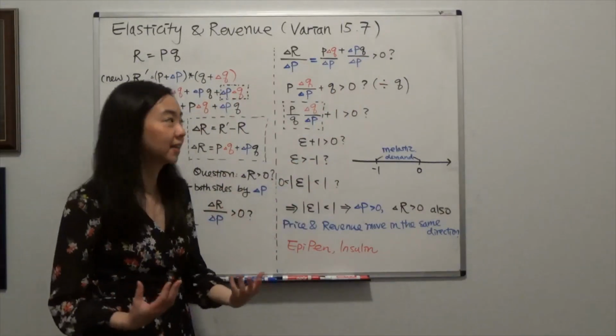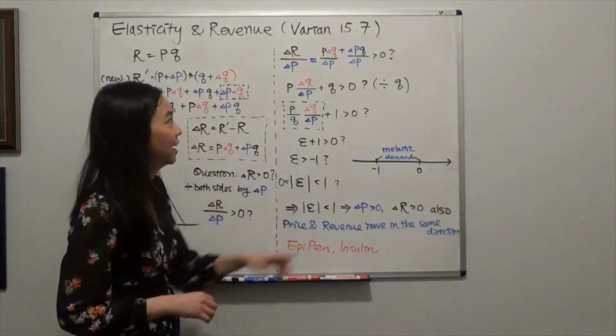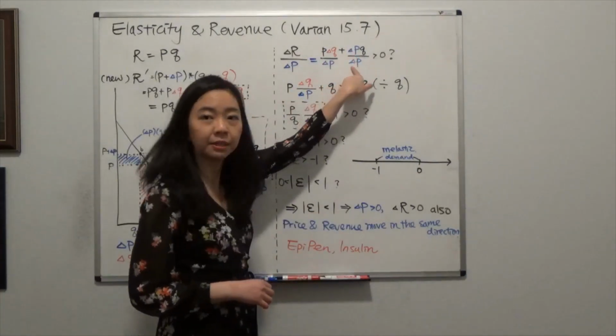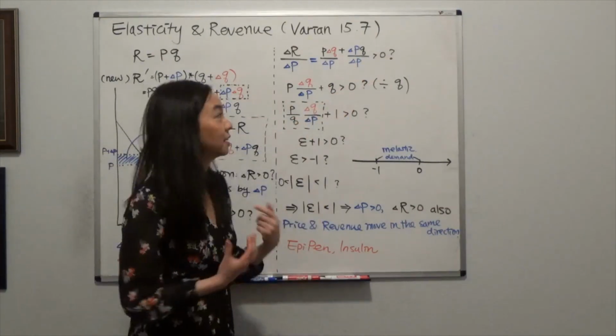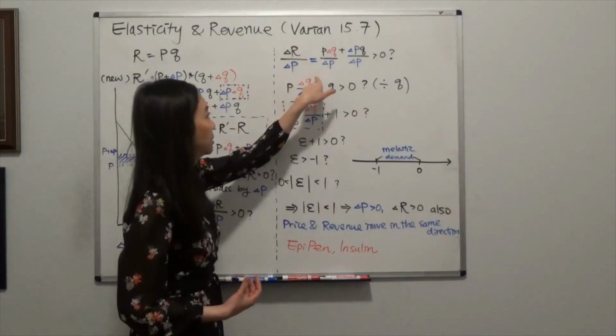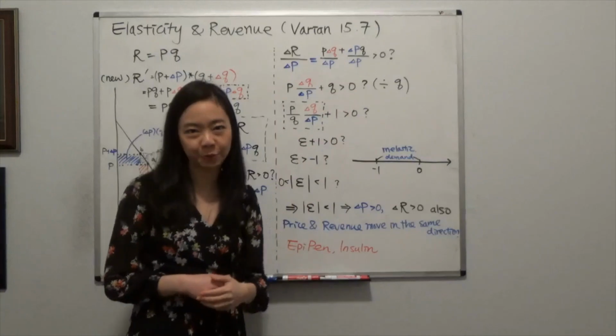And you can simplify that. On the left hand side, it's just this guy. I didn't change anything. And here, delta P divided by delta P is just 1, so we're left with Q. So I'm asking if P times delta Q divided by delta P plus Q is greater than 0.